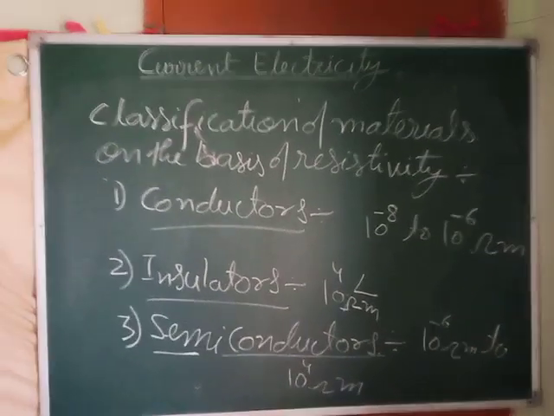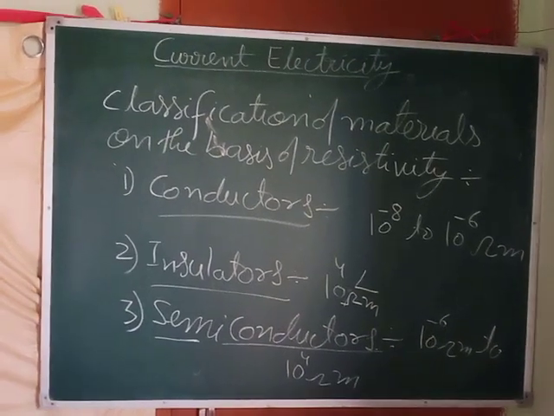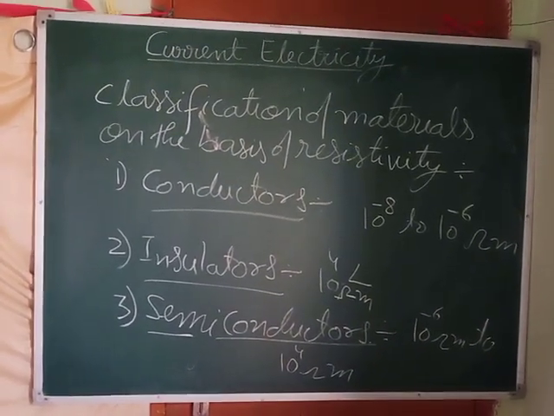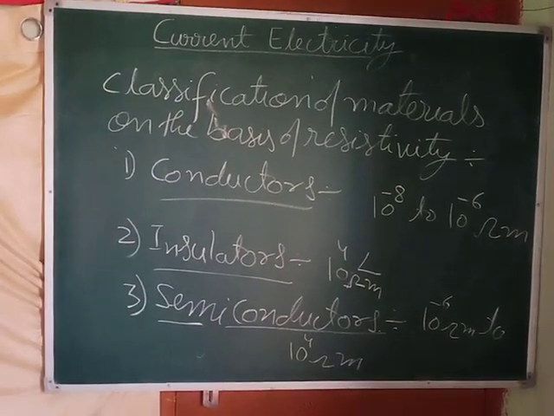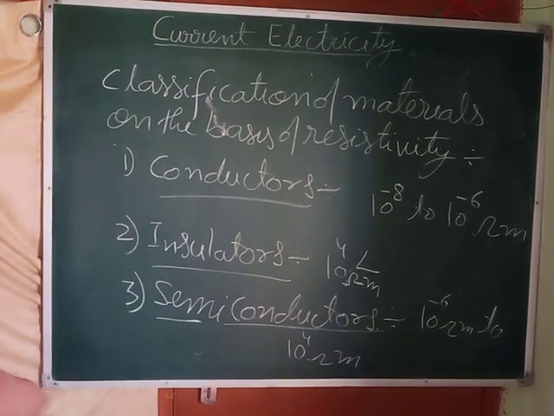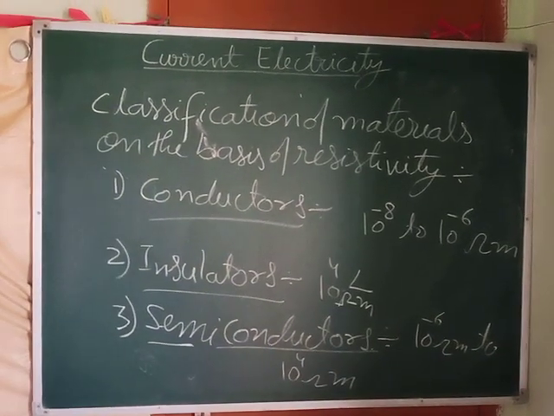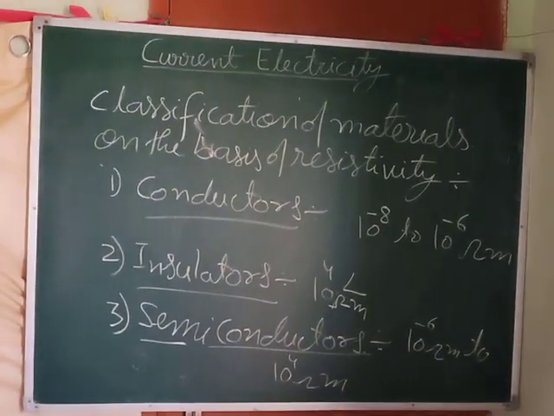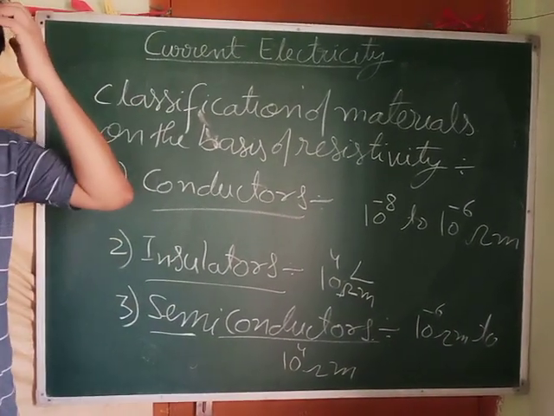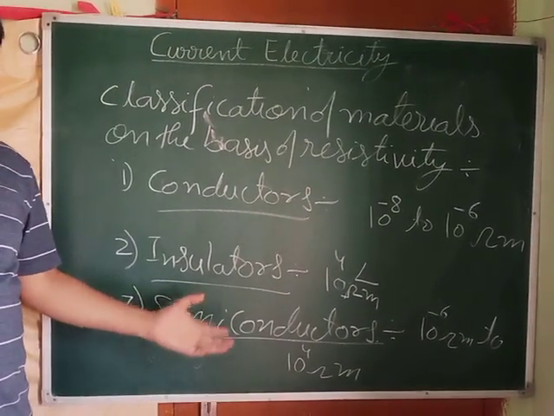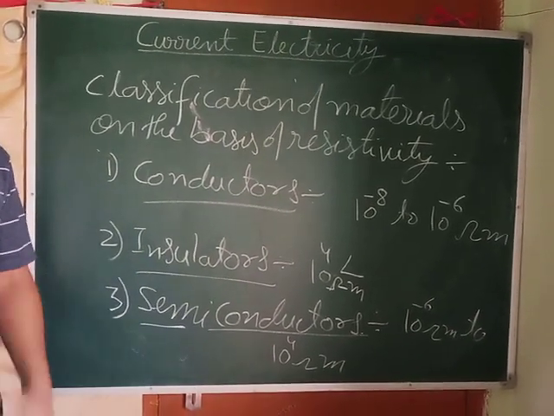For example, germanium (Ge), silicon (Si), etc. So these are the semiconductors. We will study about semiconductors in detail in the last chapter of class 12.